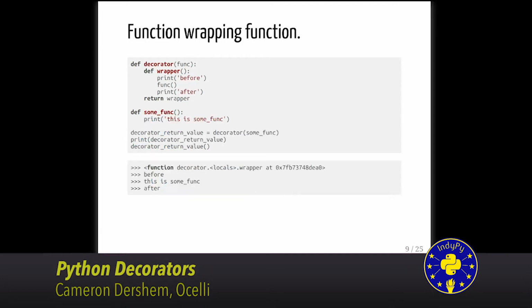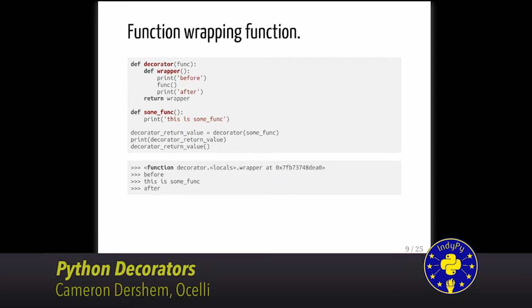So how does that work? Here we've got a function we call decorator, and you can see that it takes a function, and inside that function it defines another function. Then it does something before, it calls the function that was passed in, and then it does something after, and then it returns that wrapper function.